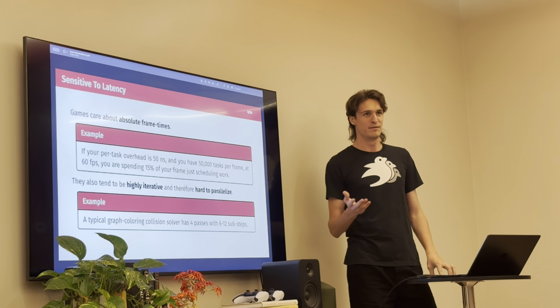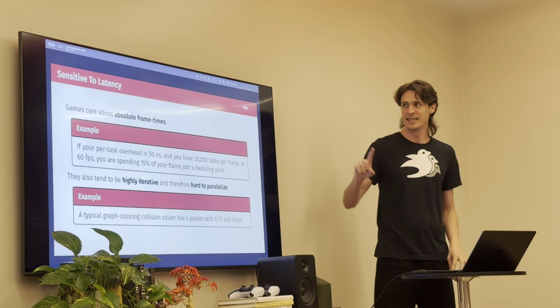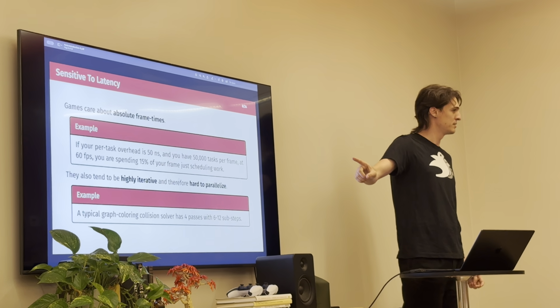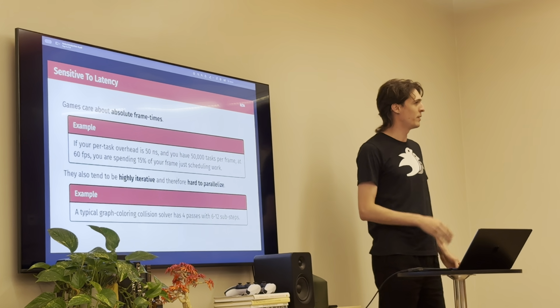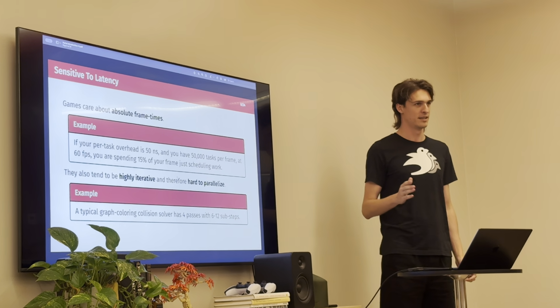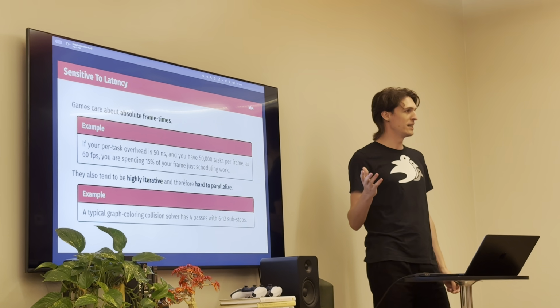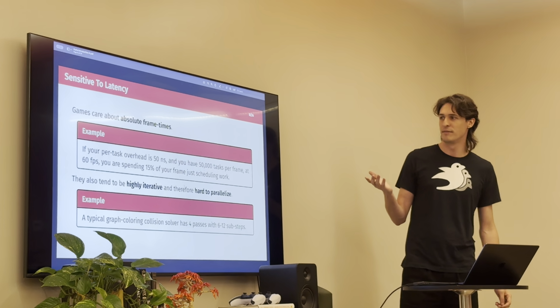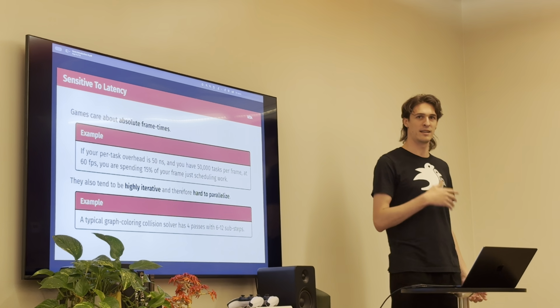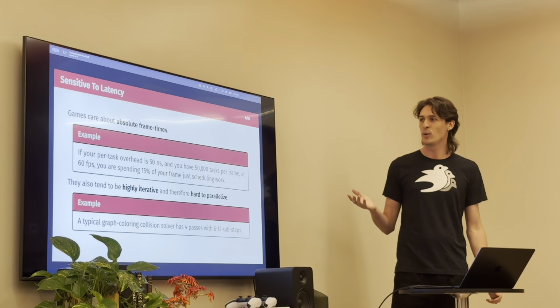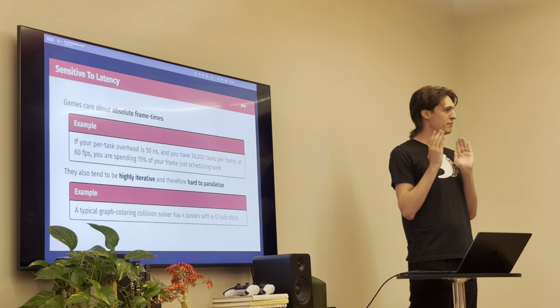The biggest characteristic of real-time applications is that they care about absolute frame times. So if you're rendering at 60 FPS, you have to render things in 16 milliseconds. Just as an example, you imagine you have some tasks. Let's say you have 50,000 tasks, which is a lot of tasks, but not like a crazy number of tasks. And you have some small overhead, like 50 nanoseconds.